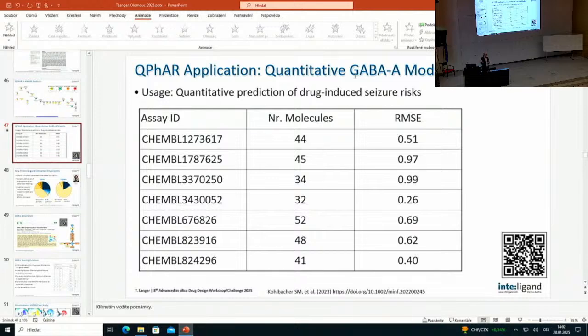But we rely here on assays where compounds have been measured in one specific assay. For instance, this ChEMBL 1273617. This is an assay where they have tested compounds on the same assay and get some data. And with this data, we model an effect. And we try to quantitatively model this, 44 molecules and so on.